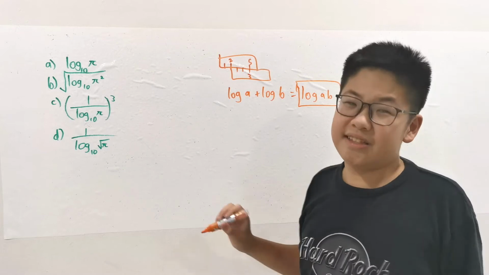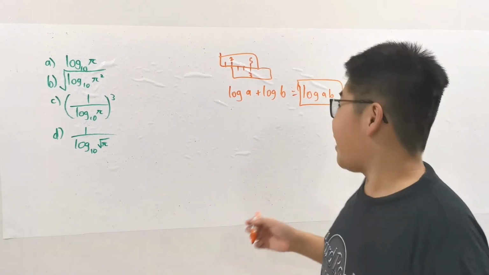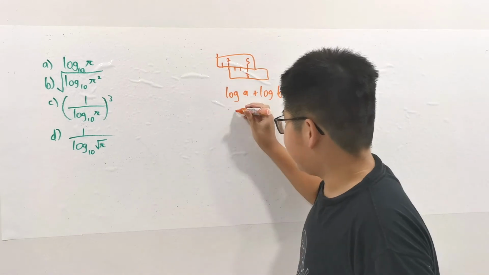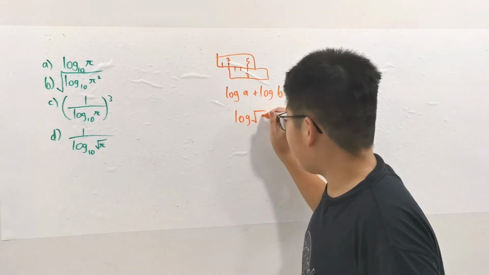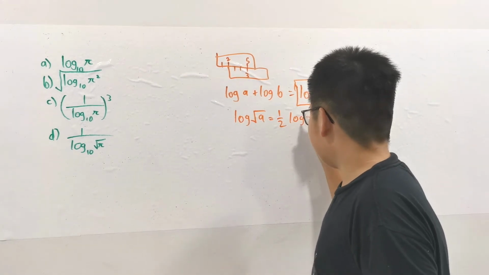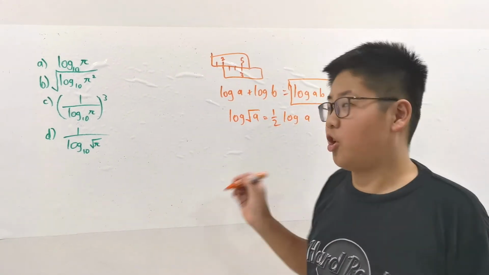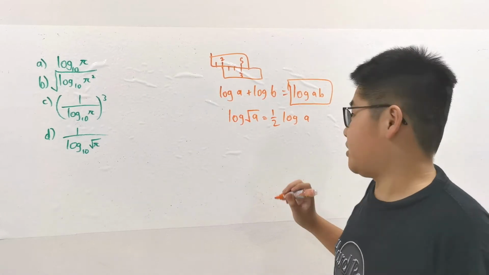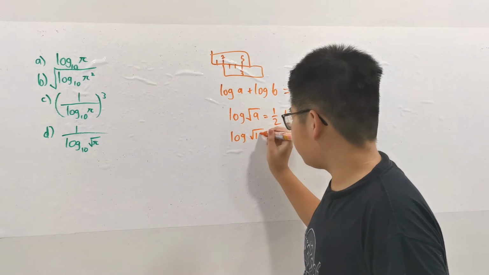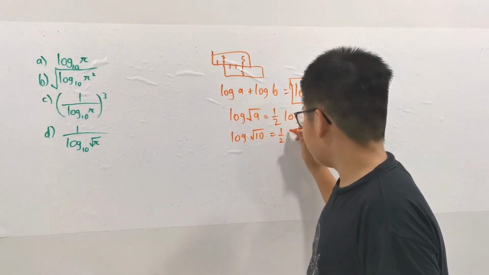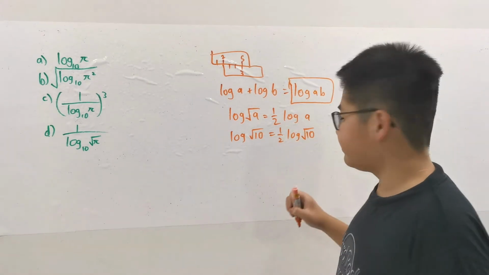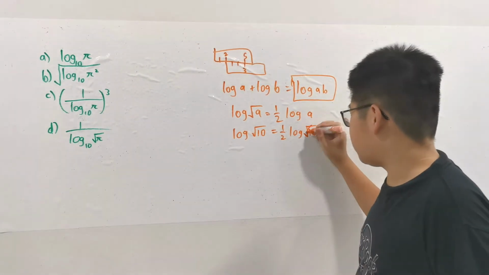Now, what has this got to do with pi? Well, we can find the square root of A. So basically, the log of the square root of A equals half log A. And back in the days, these logarithmic slide rulers had a base of 10. So log of the square root of 10 equals half times log 10.